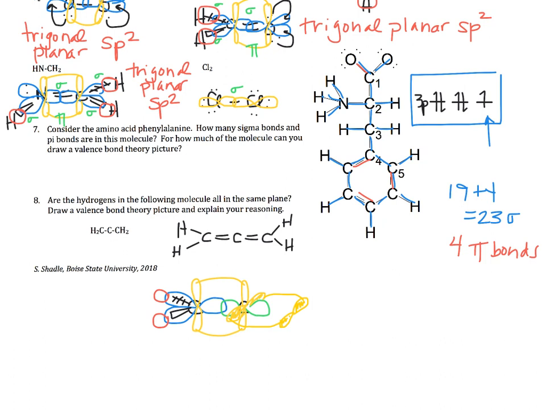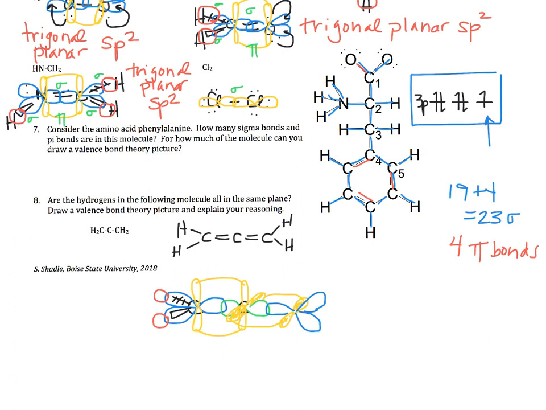So if that's true, then when I draw my sp2s, they are going to have to be in the plane of the paper because the p orbital has to be perpendicular. This p orbital has to be perpendicular to the hybrid orbitals.